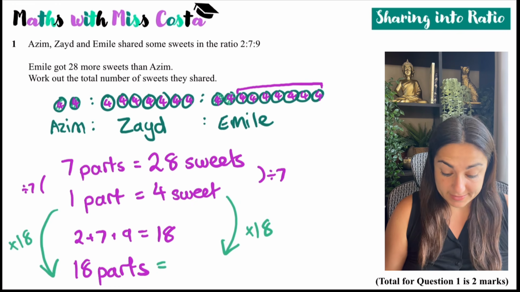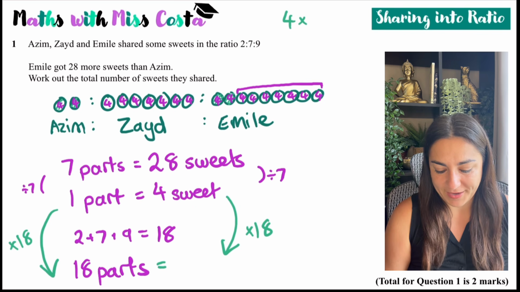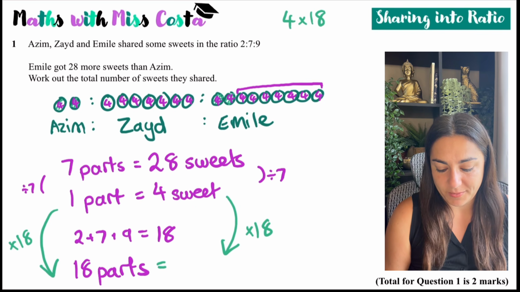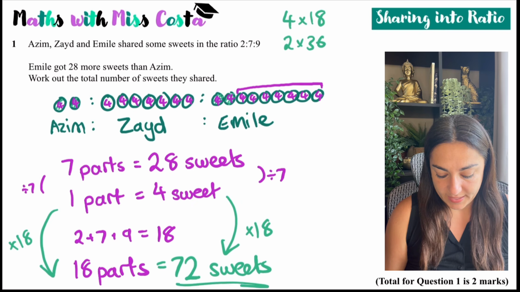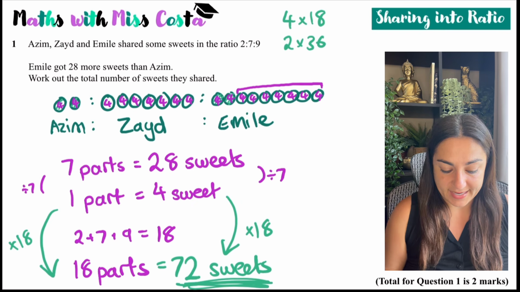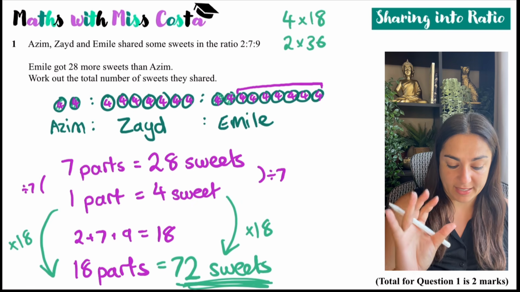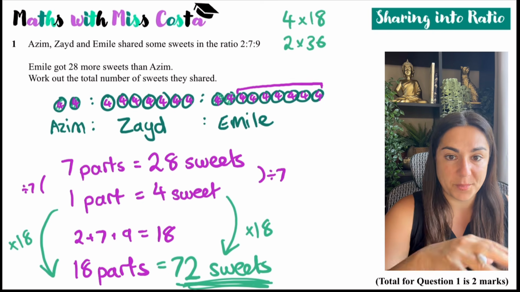And this is a calculator paper, I don't have my calculator on me. What I would do is 4 times 18 is the same as saying 2 times 36, which is 72 sweets. So the trick here is realizing that it's a more than question, so you have to compare the ratios and the parts.